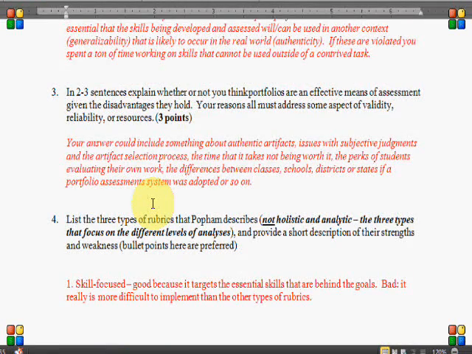When we talk about portfolios, I think the portfolio idea is pretty simple, but I do want you to understand, just like performance assessments, how portfolios impact the validity of the inferences that you can make, the reliability, the comprehensiveness, how they're used, and are the things that you lose made up for by the things that you gain?